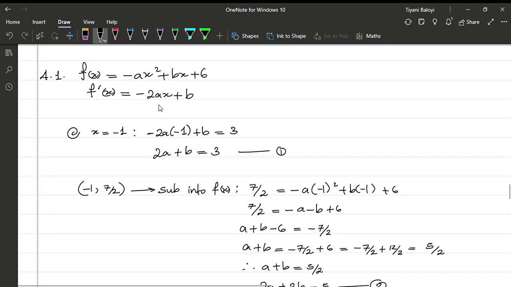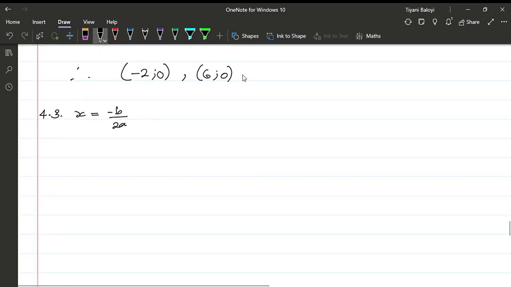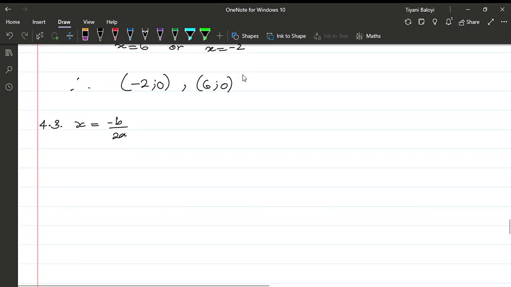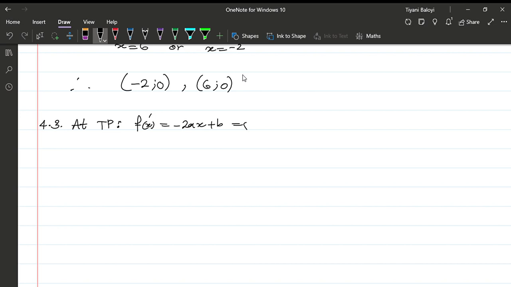So at the turning point, minus 2ax plus b is equal to 0.